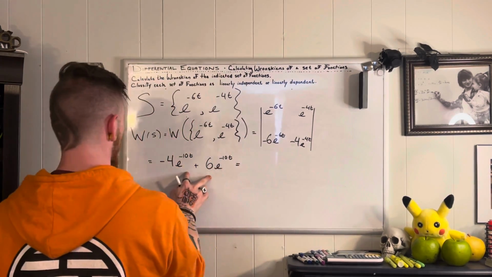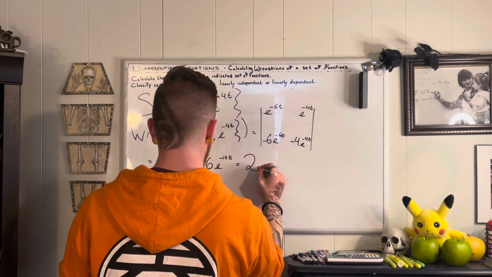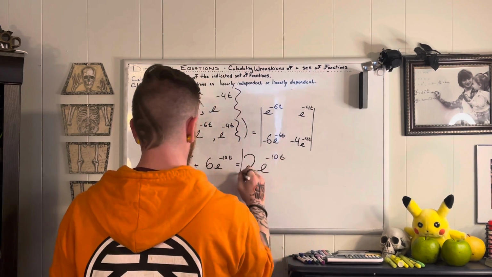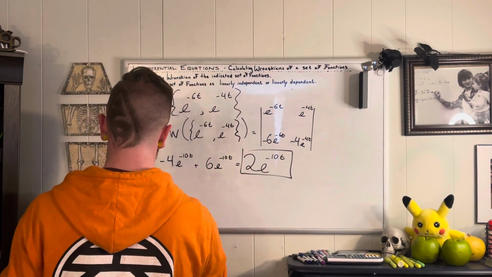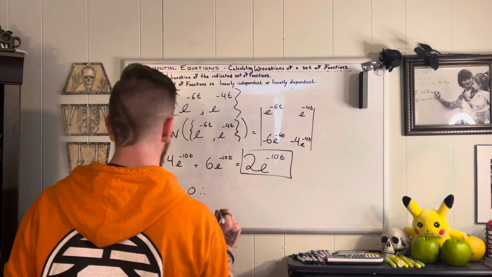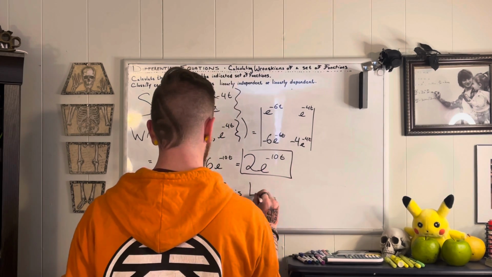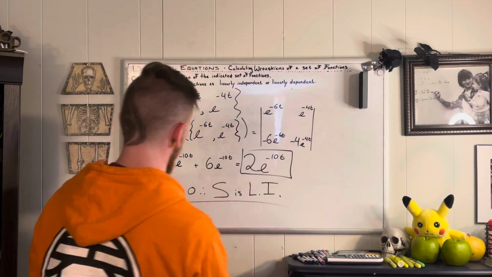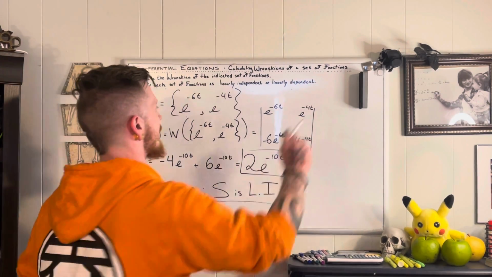We can add these together since they have the same exponent, and we get 2e to the minus 10t. The Wronskian of S does not equal 0. Therefore, the set of functions S is linearly independent. Okay, and let's do one more just to really drive this concept home.